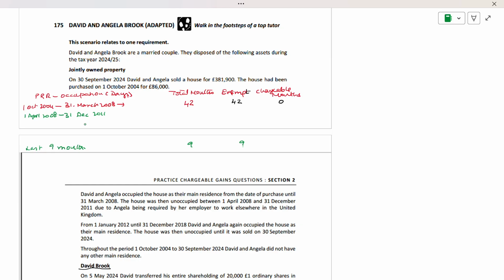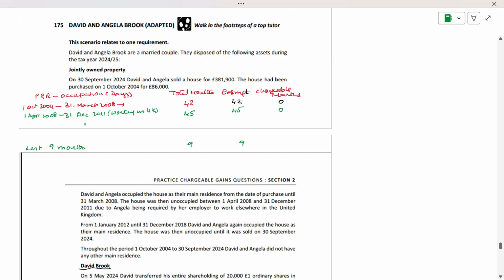Then 2009, 2010 and 2011 are full 12 months each, so 3 years means 36 plus 9, which is 45 in total. Since she went to work elsewhere in the UK, around 48 months is exempt, so it is fully exempt. Are you clear about this?